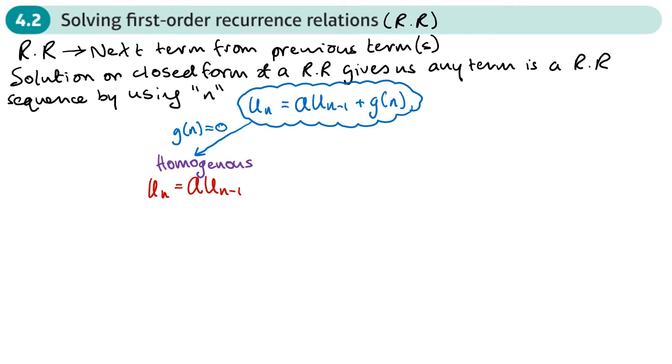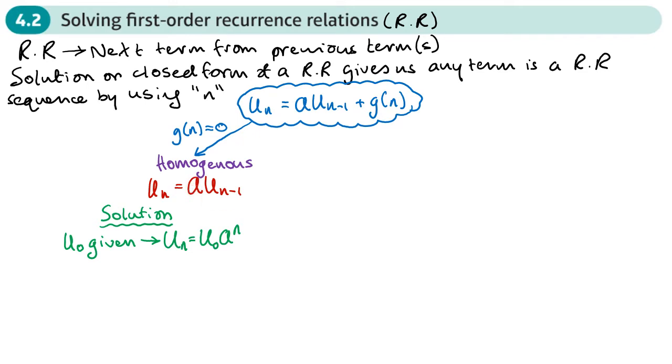What we're interested in is what the solution is for this homogeneous first order recurrence relation. If we have a recurrence relation where u0 is given, then the solution will be of this form: un equals u0 times a to the power n, and a is this number here.